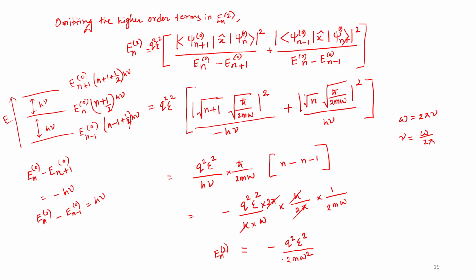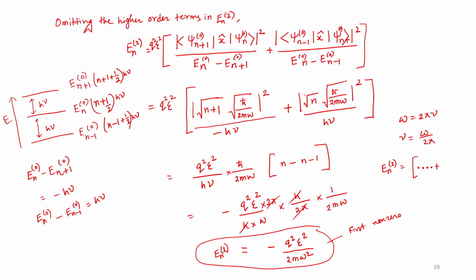So you can see that this is actually your first non-zero. See, your En2 actually consists of higher order terms also. So I should write it as minus q squared epsilon squared by 2m omega squared plus other terms are also there.